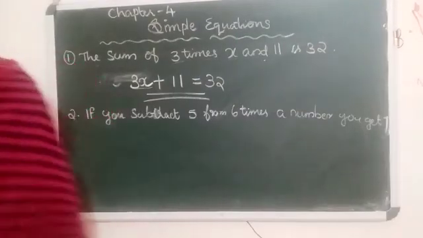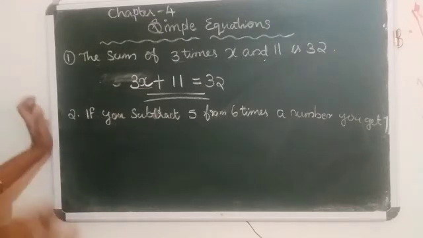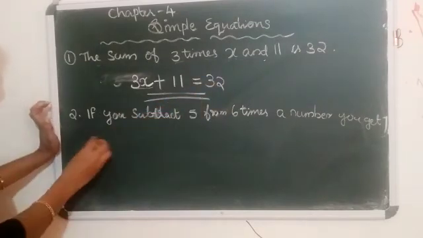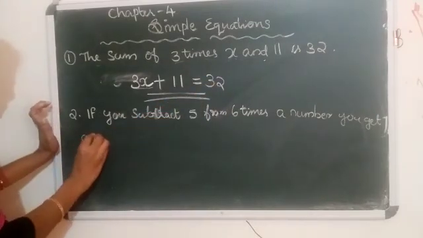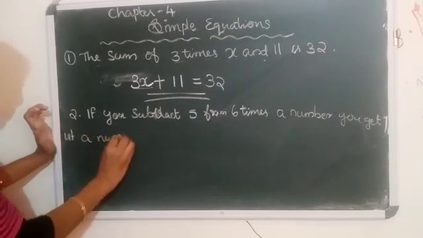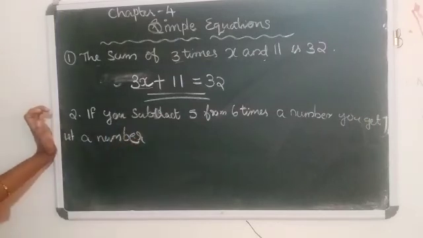Now see the next statement: if you subtract 5 from 6 times a number, you get 7. First we will do it step by step. Let a number be unknown; we don't know the number, so we denote it by a variable.